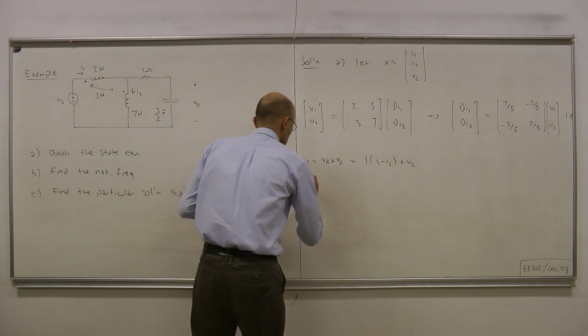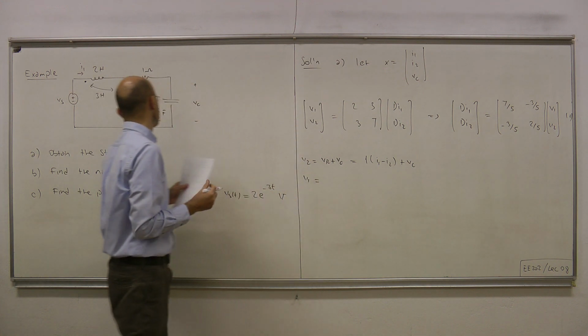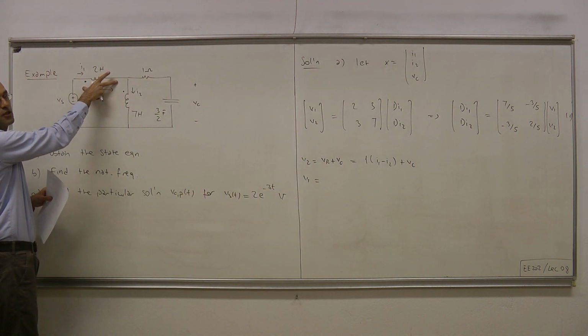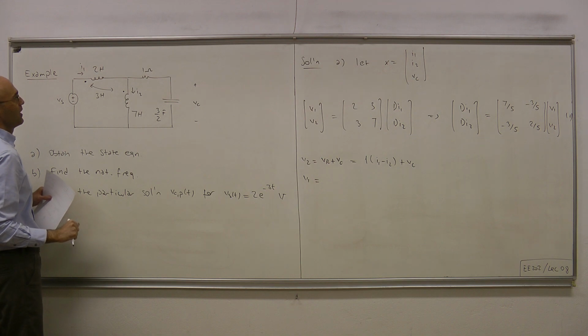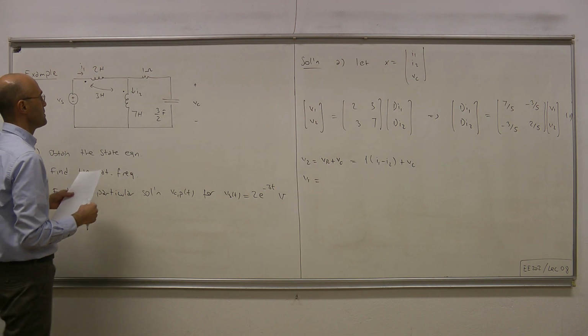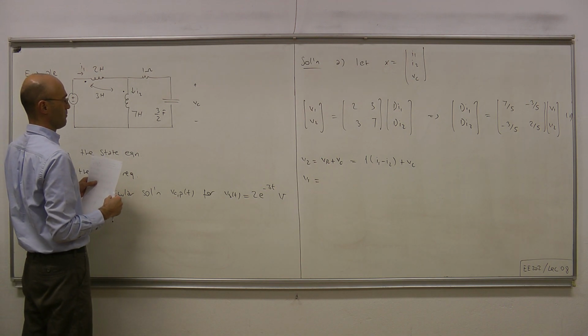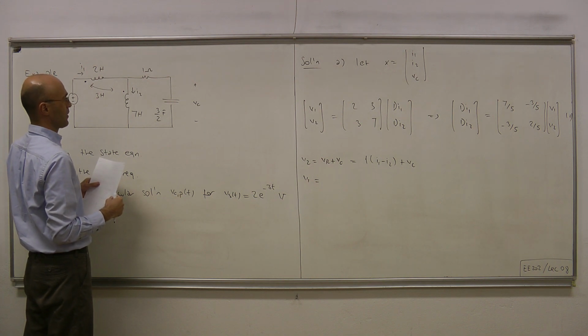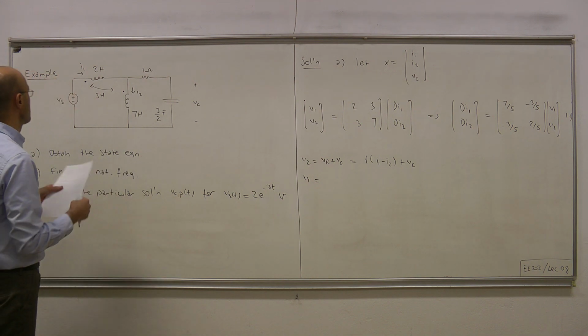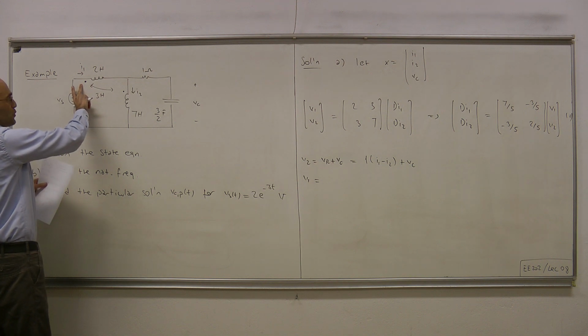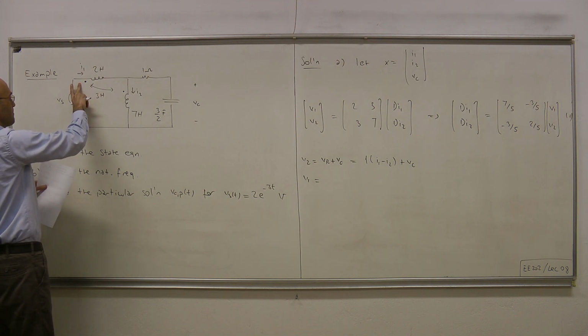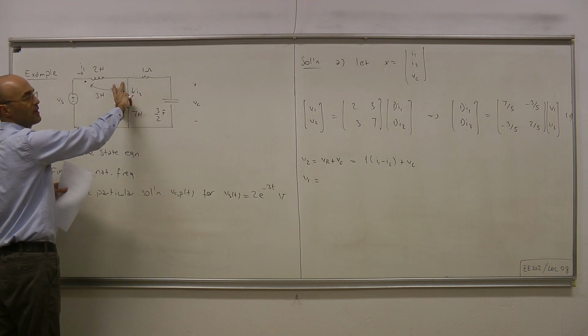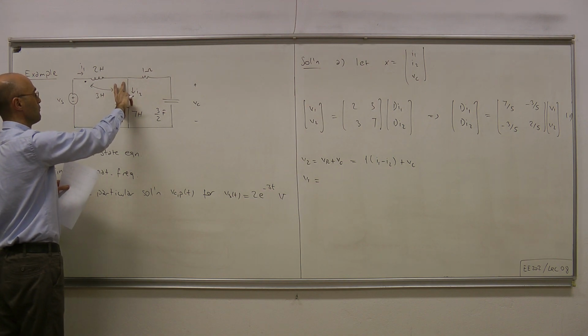Let's do the same thing to V1. What's V1? V1 is this voltage, and that voltage is the voltage of the voltage source minus this voltage of the second core, which is V2.